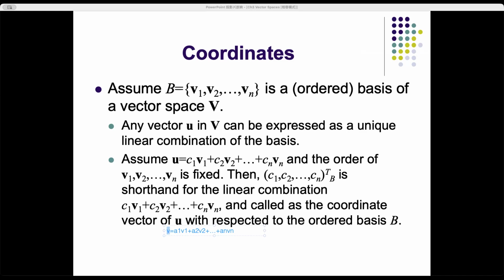Assume we have a vector that can be written like this, and it has another way to write it. So V can be written as B1 V1 plus B2 V2 plus ... plus Bn Vn.